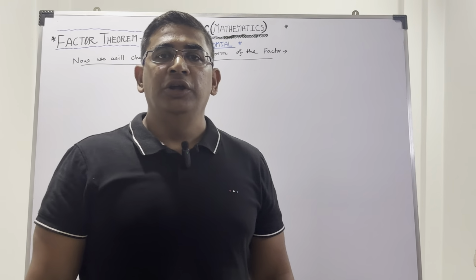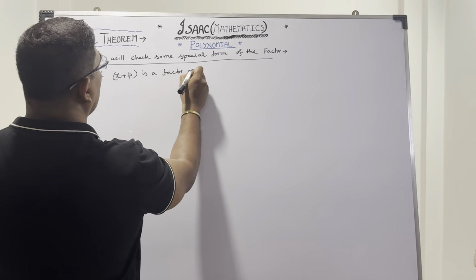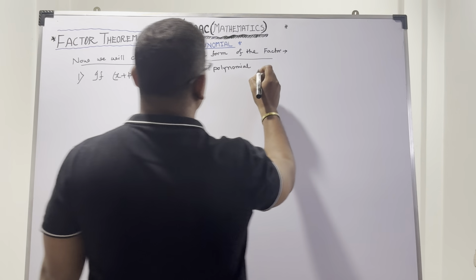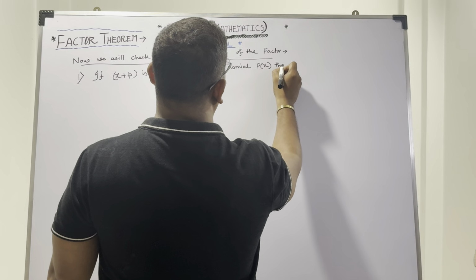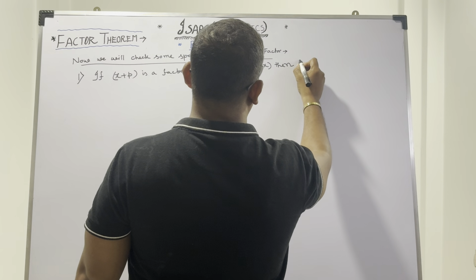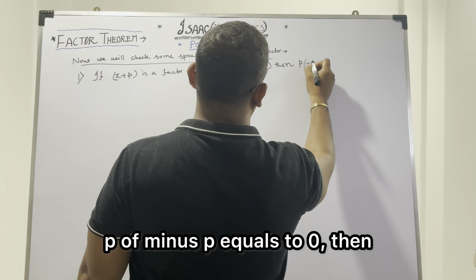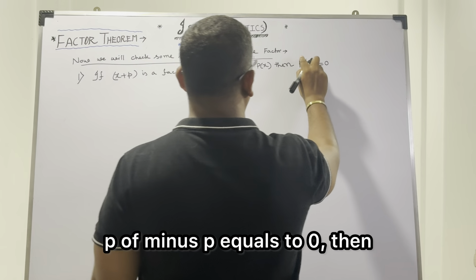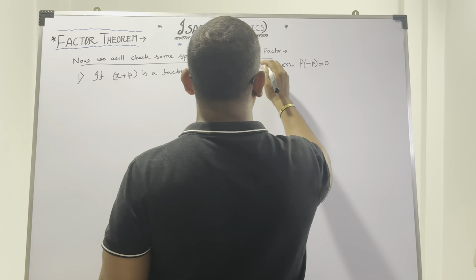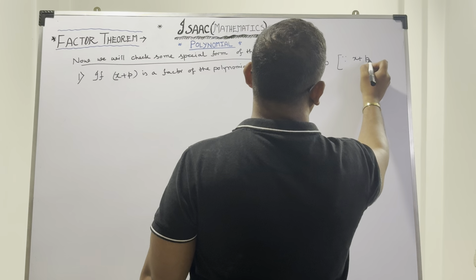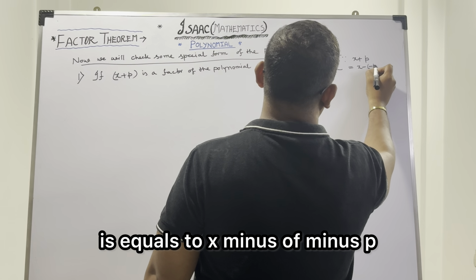If x plus p is a factor of the polynomial p of x, then p of minus p equals 0, since x plus p is equal to x minus of minus p.